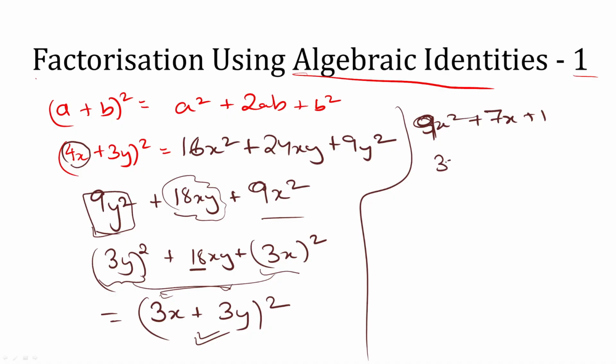We would write (3x + 1), and you might think this is correct, but this is wrong, because we have to check the middle term, which has to follow this 2ab rule. This does not follow the 2ab rule, so this is not going to be the answer, and this has another method that we will see later. So let us practice some questions.